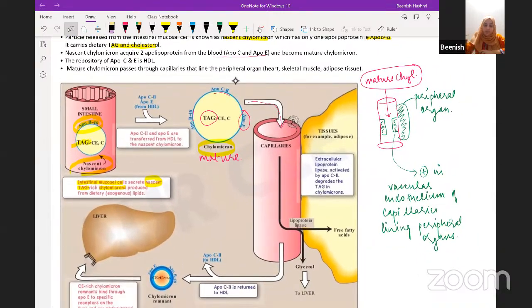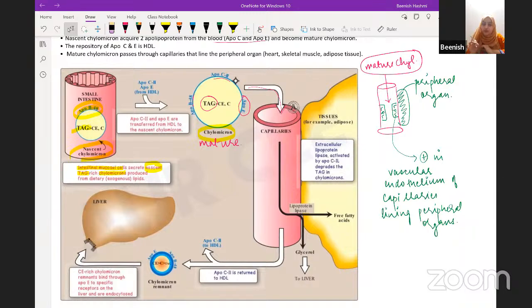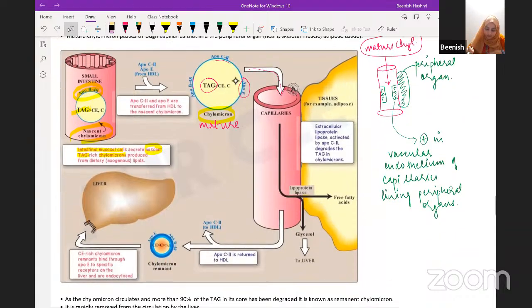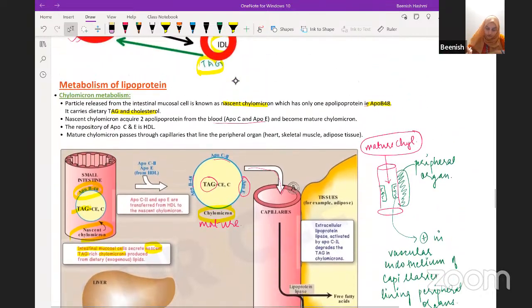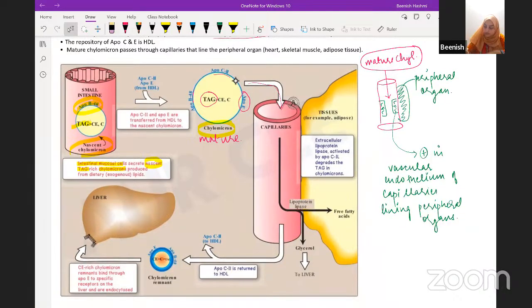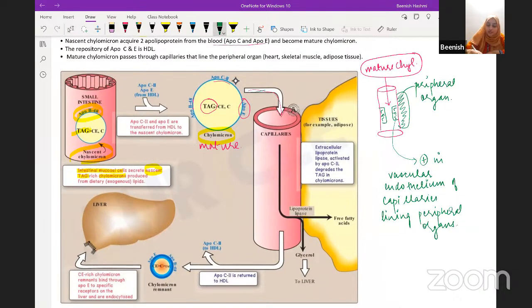So this mature chylomicron is going to pass through these capillaries, and in the capillary endothelium you have lipoprotein lipase present.